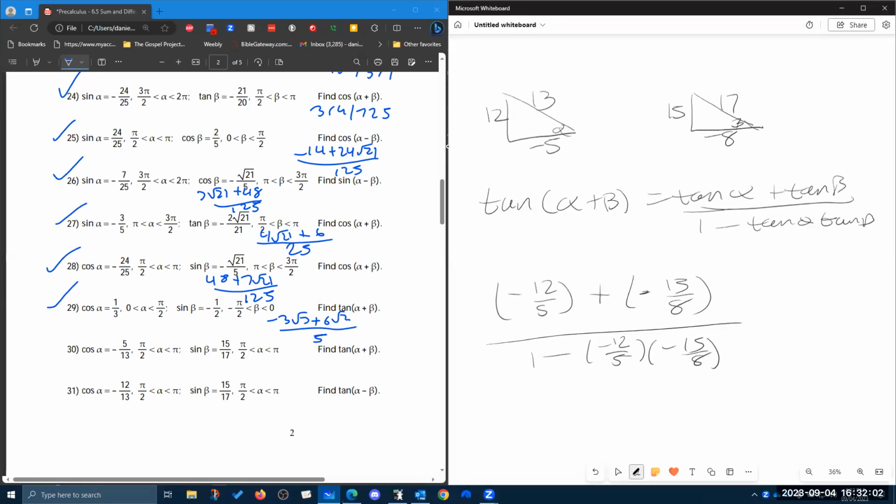Over 1 minus negative 12 over 5 times negative 15 over 8. Multiplying by 8 over 8 and 5 over 5, it's going to be negative 96 minus 75 over 40, divided by 40 over 40 minus 180, which is a negative 140.